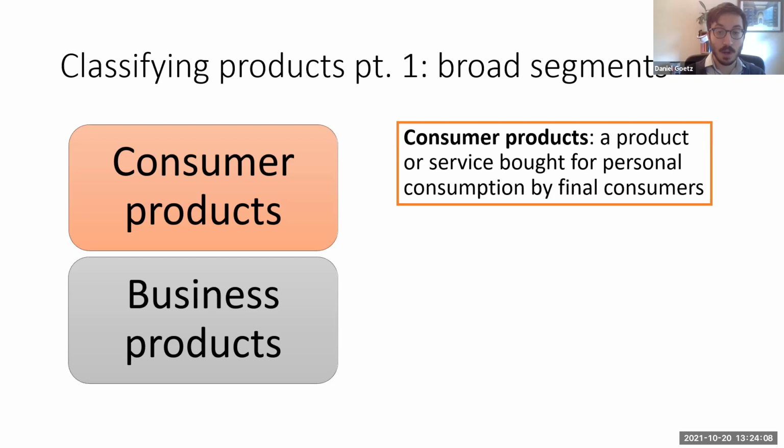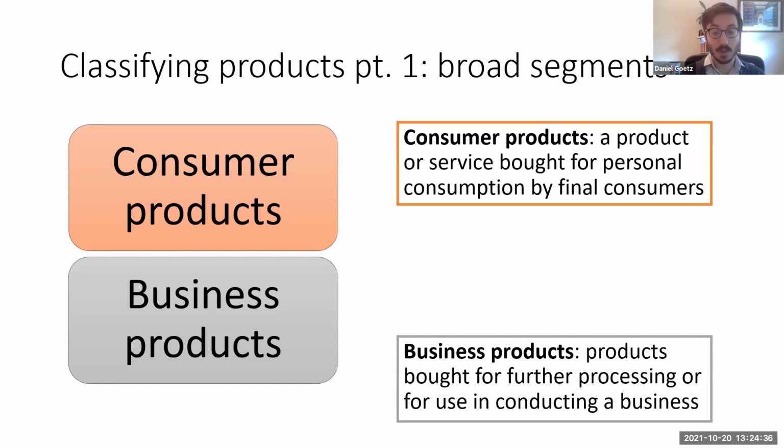So consumer products are a product or service that's bought for personal consumption by final consumers, okay? So this is not something that's being used in a business. It's not something that's being used as an input to create more value. It's for personal consumption in the household or outside the household, but by the final consumer.